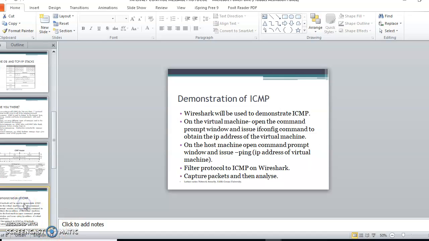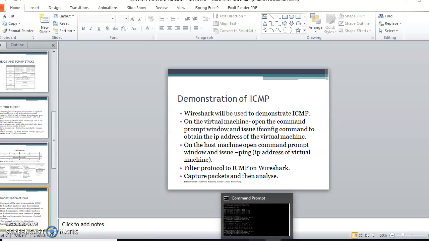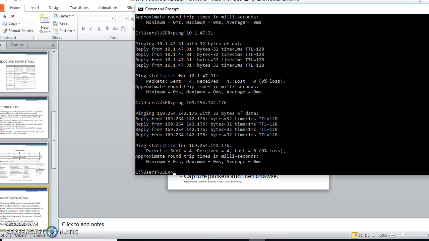Okay, so we're now going to demonstrate ICMP. We're going to go to our command prompt window and we're going to ping, which is one of the ICMP types of messages.